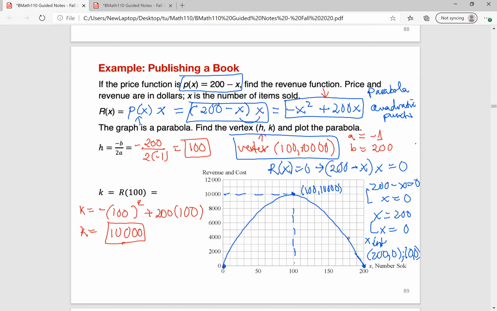I hope this looks good. It's approximately like this. I don't want to make it very accurate, but you should at least have 3 points to graph this parabola. If you want to make it more accurate, you can make a t-table and then make some more ordered pairs.